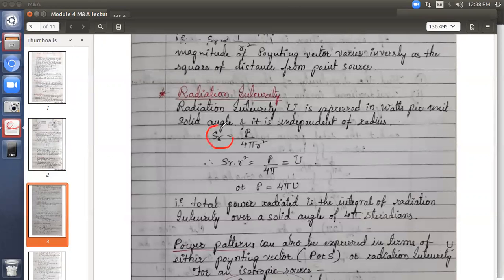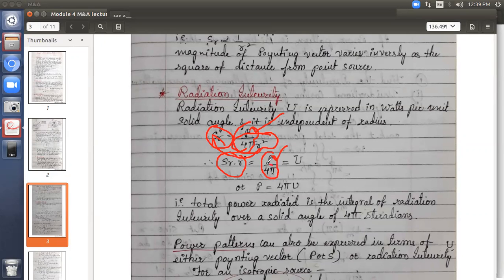And SR, the radial component, is given by power flow per area, and the area for a sphere is 4 pi r square. If you just multiply r square into SR, what remains is P divided by 4 pi.